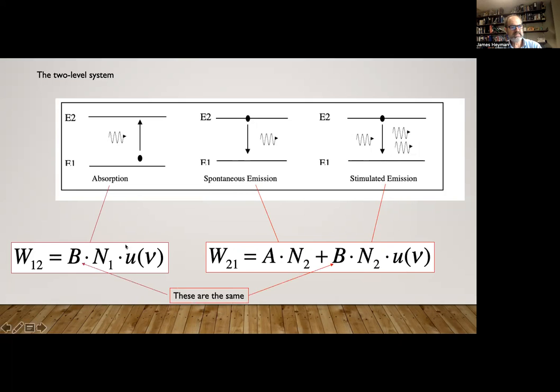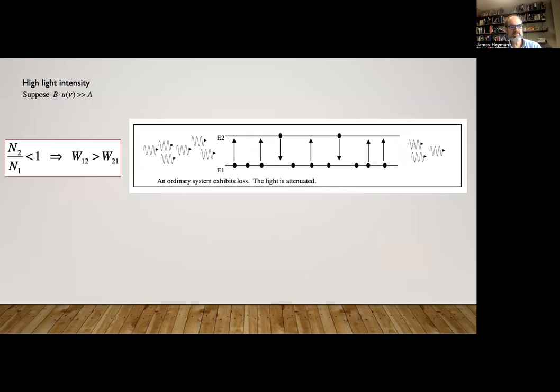And something that's interesting, it turns out that these two constants, the B here and the B here in the stimulated emission, are the same, something which we can prove, but I'm not going to do that right this moment. Now, armed with that knowledge, let's take a look at some processes.